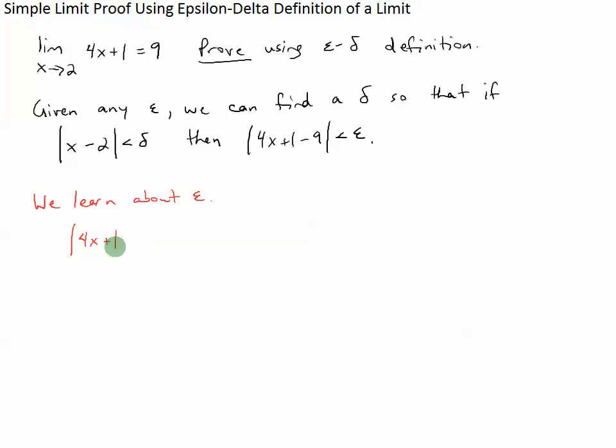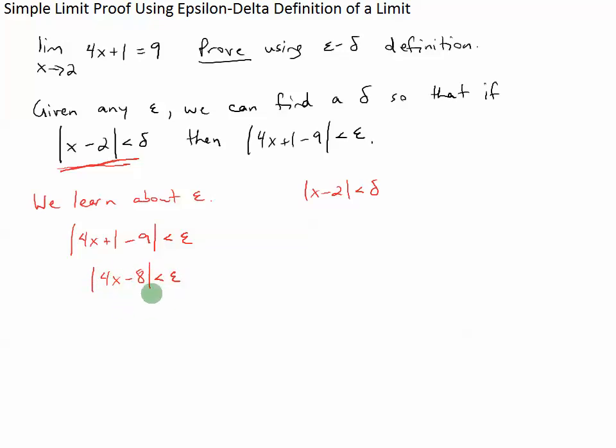This is just side work. This is not the proof. We know this needs to be true, and we'd like for this statement to make this true. So I'm going to keep this in mind just off to the side here. My absolute value of x minus 2 has to be less than delta, and that should make this a true statement. So let's learn about epsilon. If I simplify this, I get the absolute value of 4x minus 8 is less than epsilon.